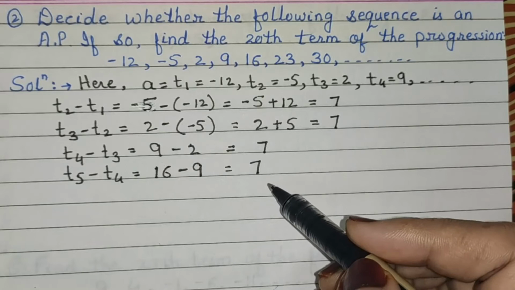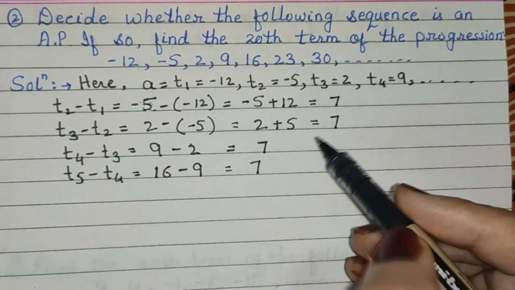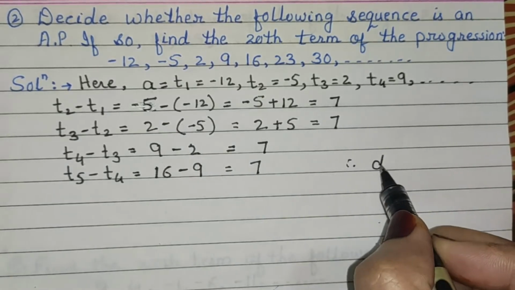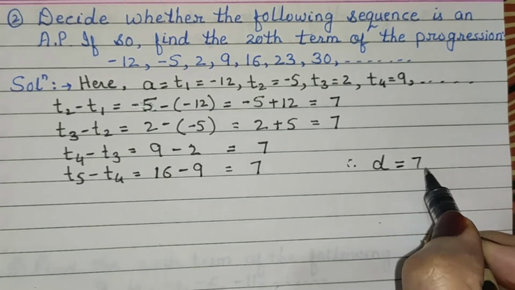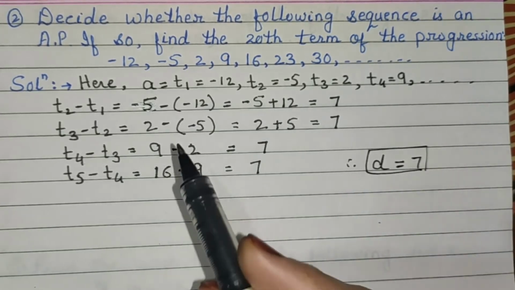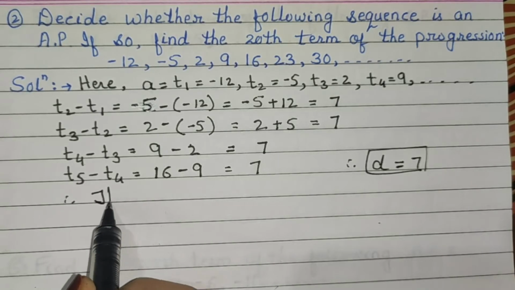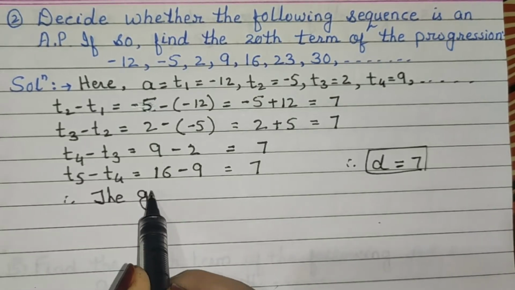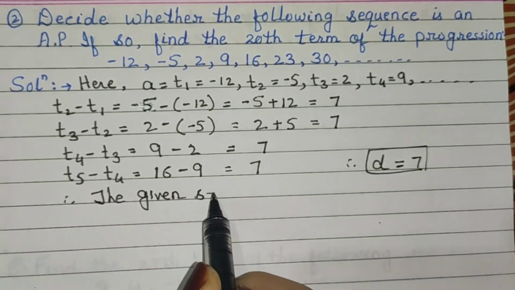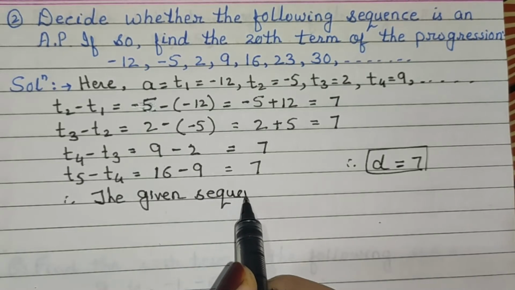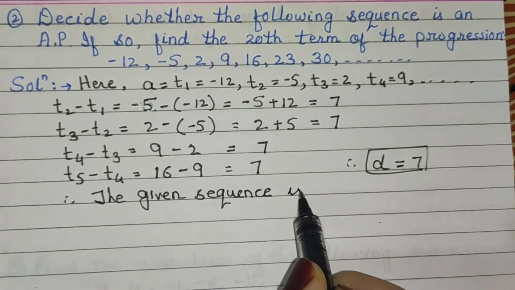Now look at the differences here. All the differences are constant. Therefore common difference, the value of d is equal to 7 here. Therefore, the given sequence is an AP.